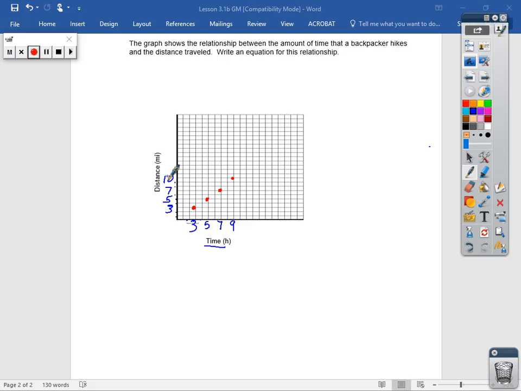So now we need to write our equation. So we can use our first point. But first of all, let's get our pairs. So time and distance.